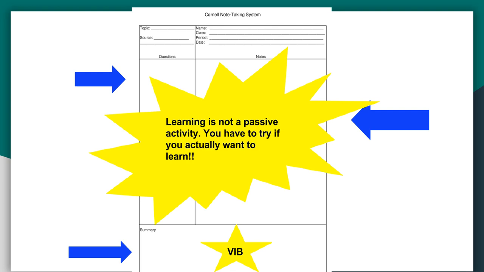Learning is not a passive activity. Even with a lecture, you actually have to take in the information and put it all together to make it work. So notes are one area where you do that, and that's one thing that makes them super important.